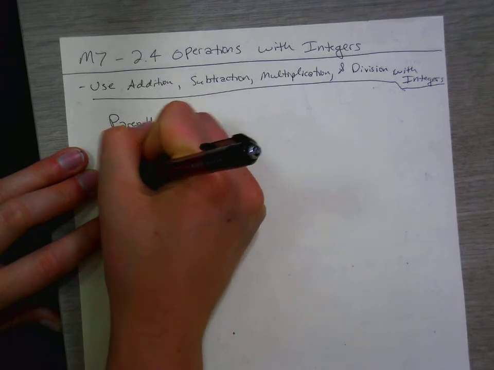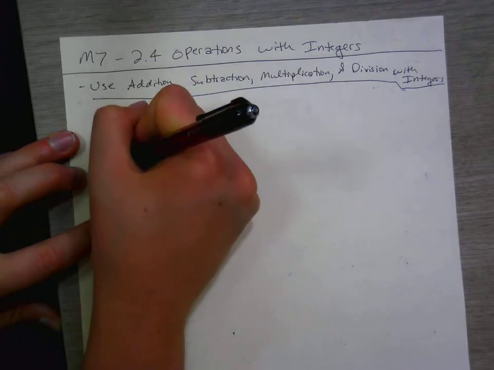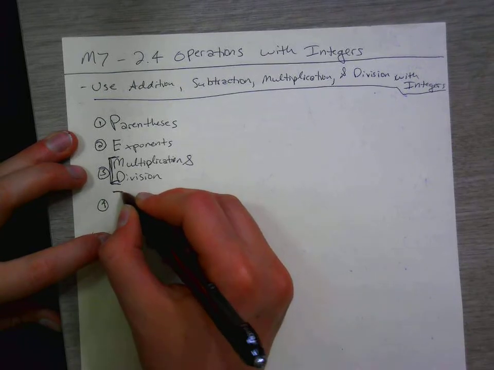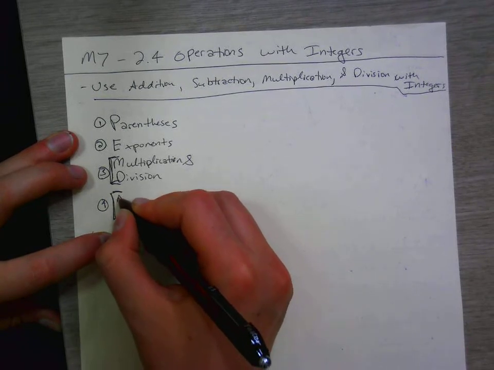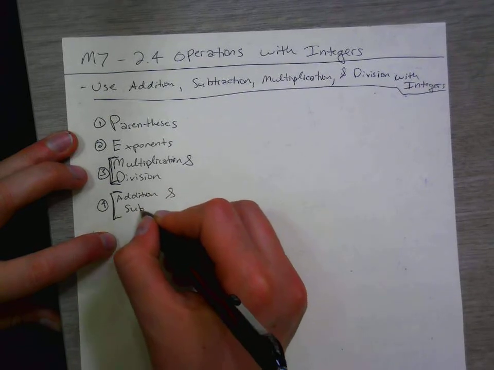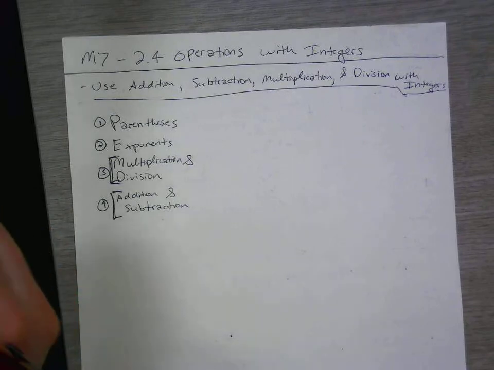These two go together, so it's 1, 2, 3, working from left to right. 4 is another one that goes together, and that is addition and subtraction.